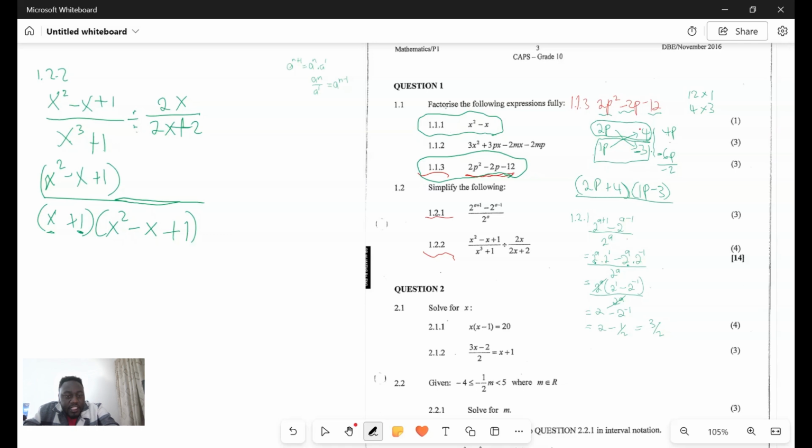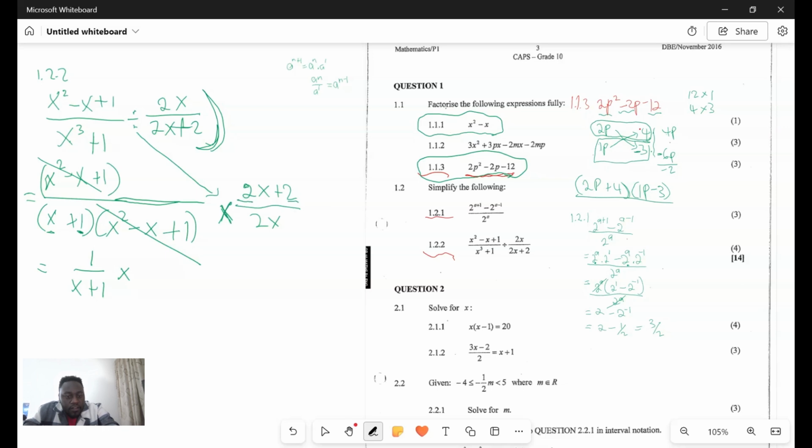Then you change this to a multiplication. When you change it, it forces this to reciprocate, so you'll have 2x plus 2 all divided by 2x. Now, do you see that you have things which can cancel? This will cancel with this, leaving 1 over x plus 1, and then multiplied by the other part.